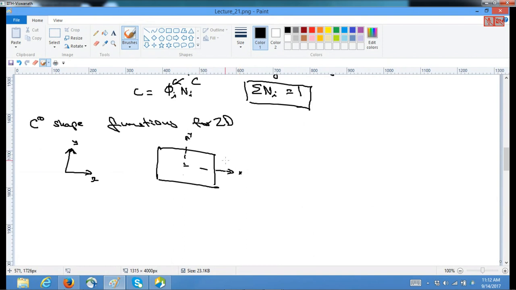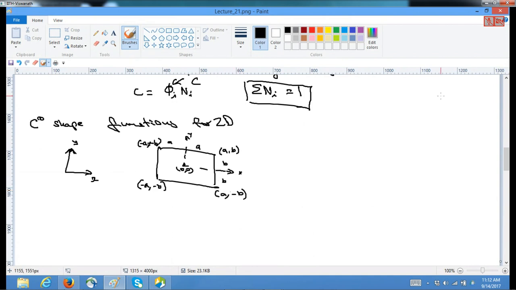So let this distance be b, this distance be b, this distance be a, this distance be a. So in that case, our coordinates, and let 0, 0 be the center. That means this is a, b. This is minus a, plus b. This is minus a, minus b. This is a, minus b.